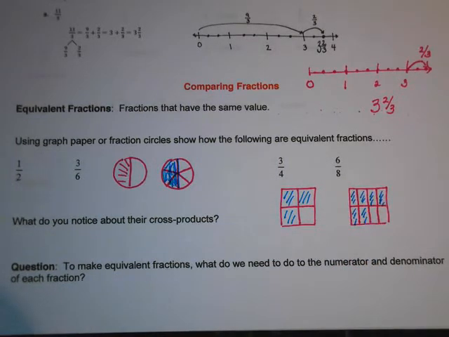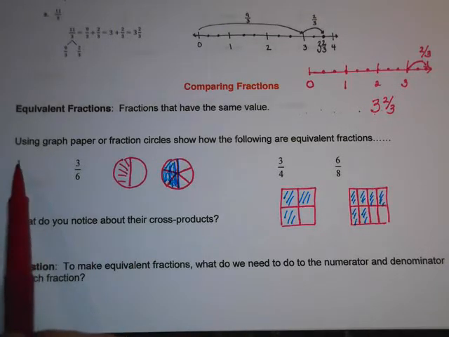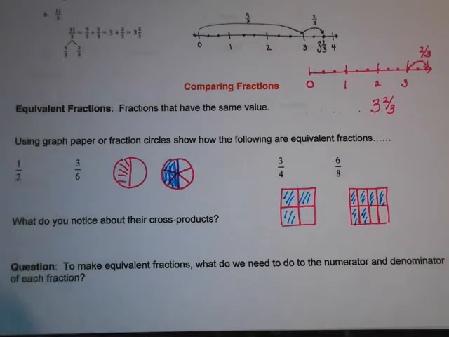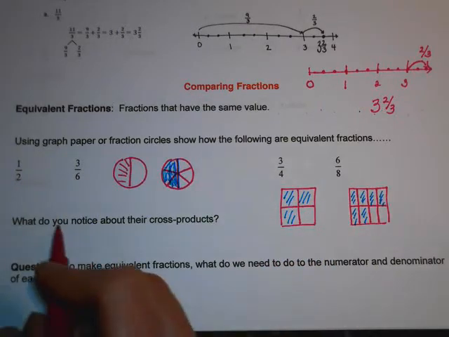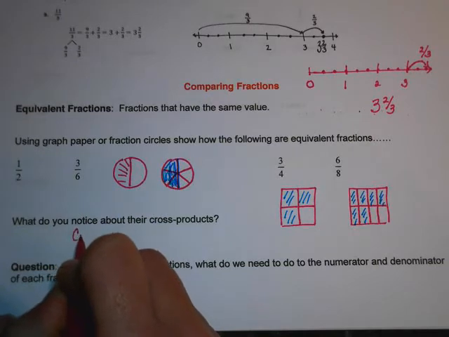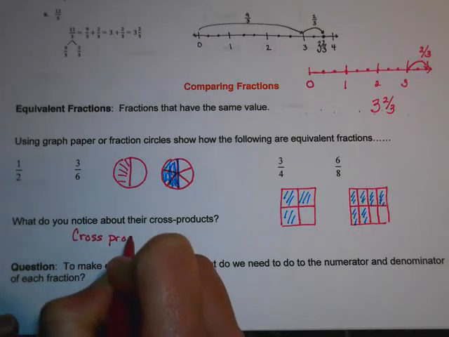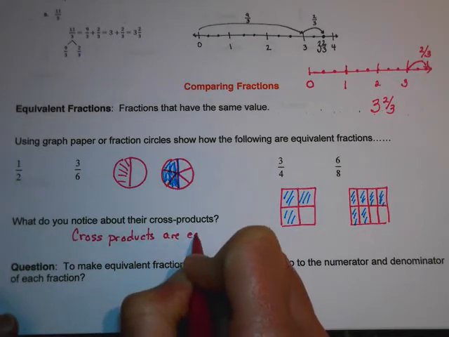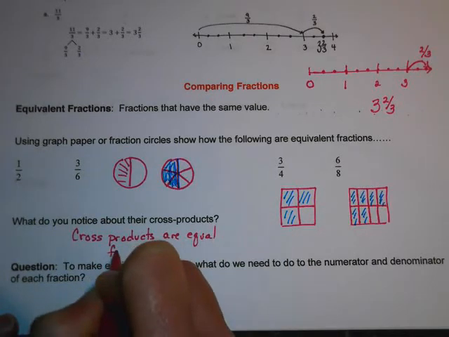And then just a little fact that I thought I'd throw at you. If you want to make a really quick test to see if fractions are equivalent, their cross products are the same. So 6 equals 6, 24 equals 24. I just thought it was kind of cool. So cross products are equal for equivalent fractions.